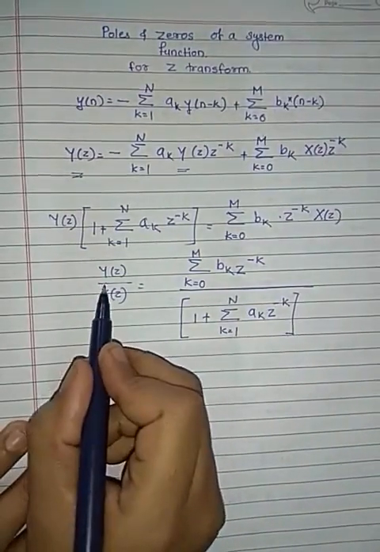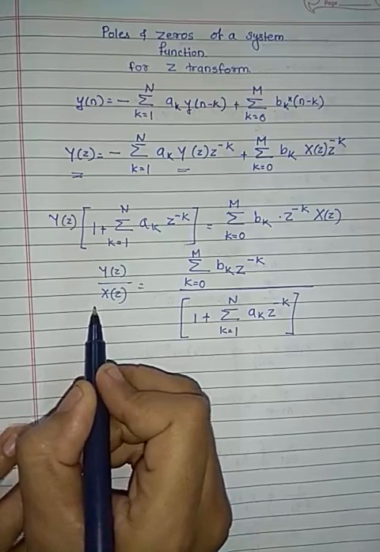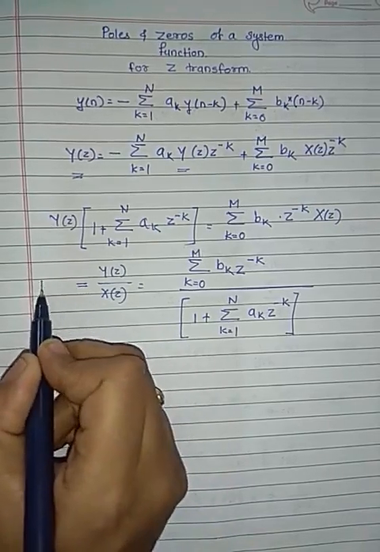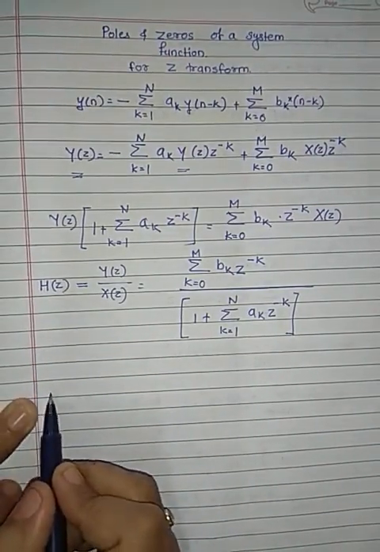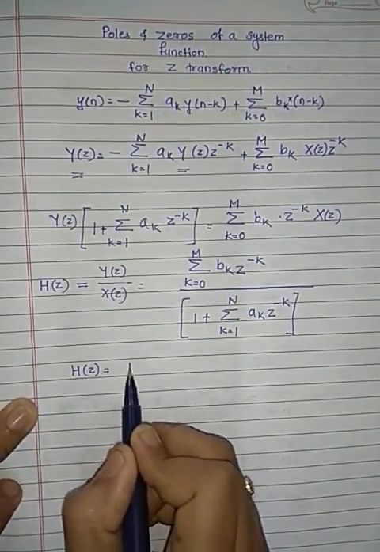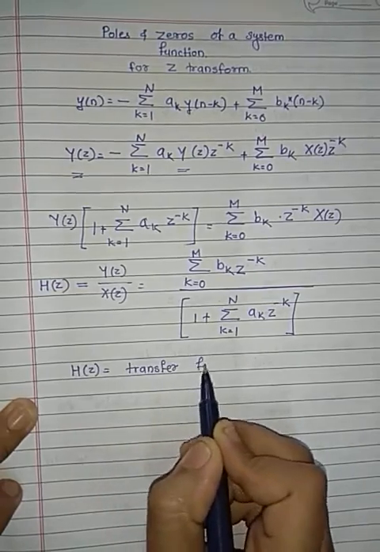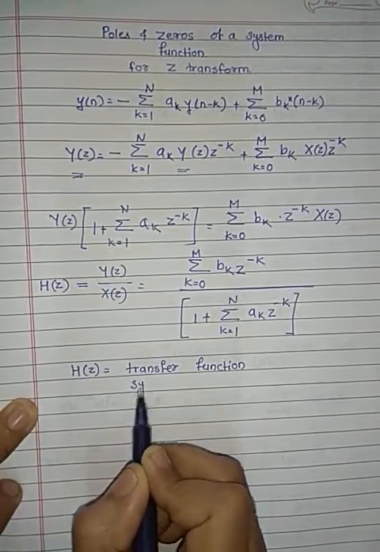Now what is this Y of z divided by X of z? It is the transfer function of the system, or we can say the system function H of z. So H of z is known as the transfer function, or it is the system function.